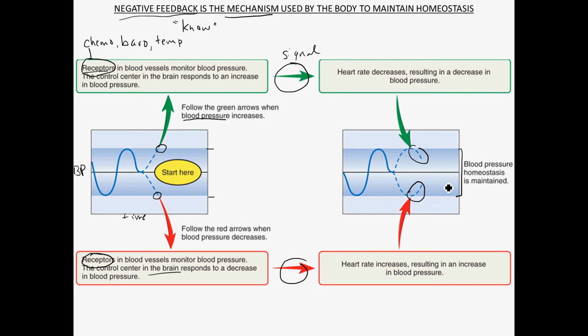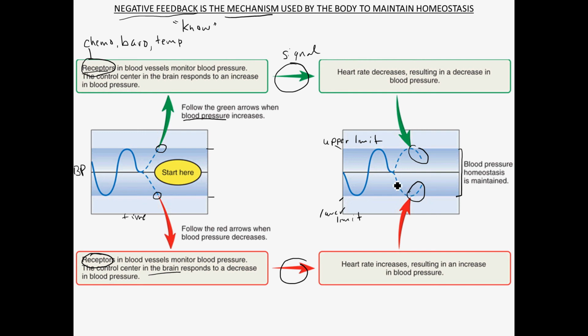Now, this is a negative feedback. The negative part of this is that you are staying away from the lower limit, you're staying away from the upper limit, right? So if this is the upper threshold or the upper limit, and then this was the lower limit or the lower threshold, right?